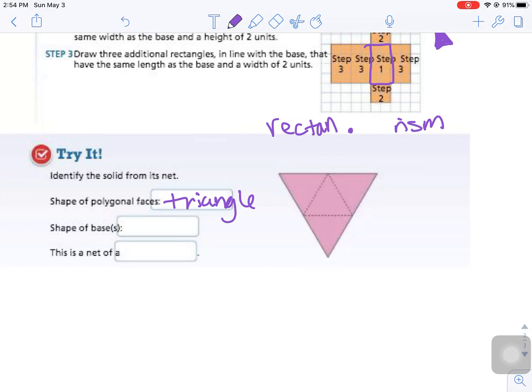And since all of my faces are triangles and there's only one base, I know it's going to be a pyramid. And then what is the shape of my base? My base is also a triangle. So I have a triangular pyramid.